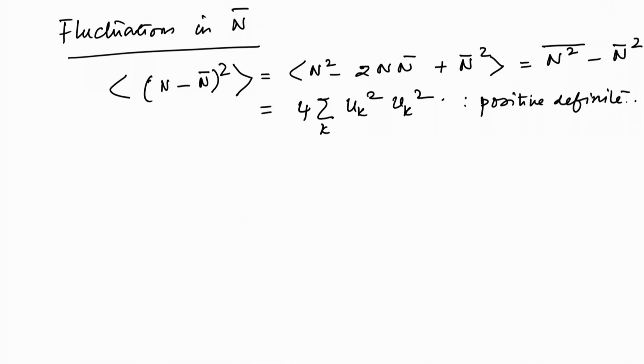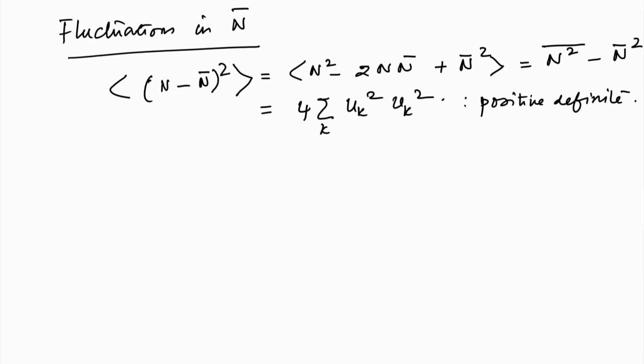In fact, V_k as a function of k goes from 1 to 0, whereas U_k as a function of k goes from 0 to 1. So, all of this is happening in an energy range which is given by k_B T_c.